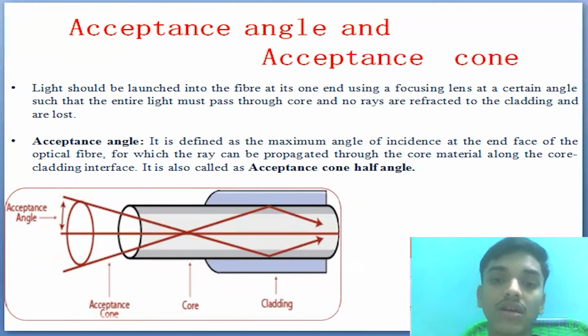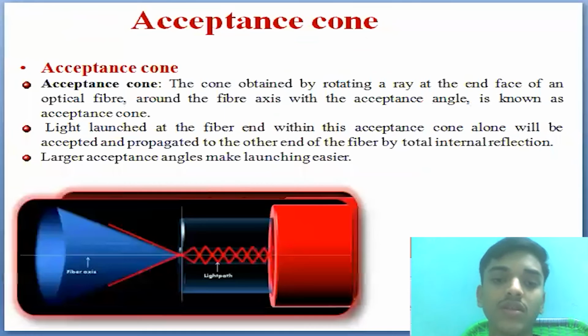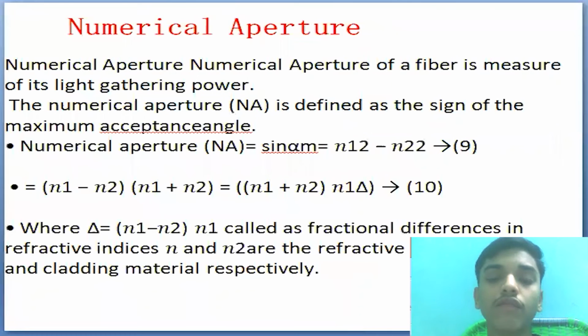With this formula we can also get the formula of numerical aperture, which is the square root of n1 square minus n2 square. Numerical aperture is also defined as n1 under root of 2 delta. So it also has that formula.